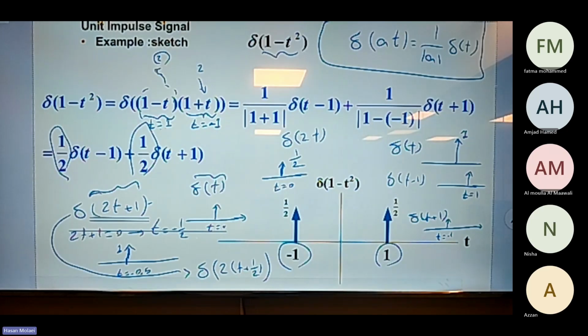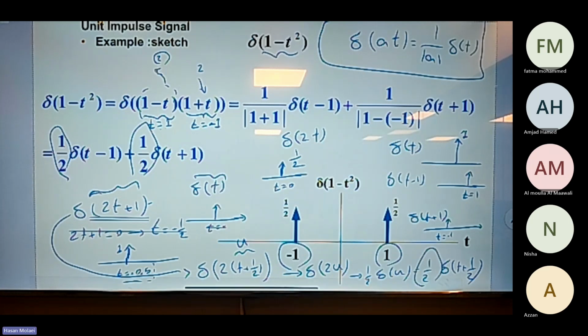And I write it like that. Here, I change T plus half to U, which means the amplitude should be 1 over delta, and delta U is 1 over delta, equal to minus 1 over 2, and its amplitude should be 1 over 10.